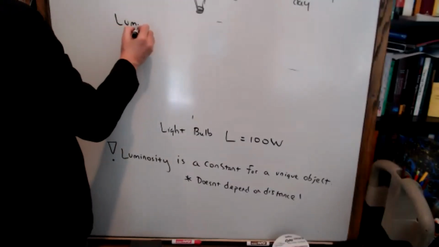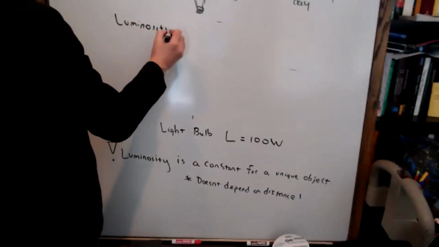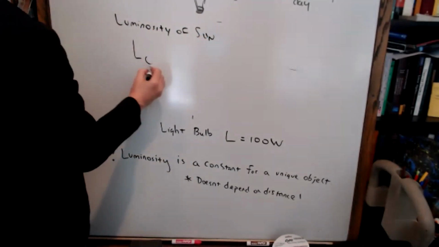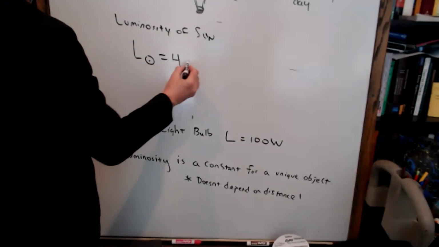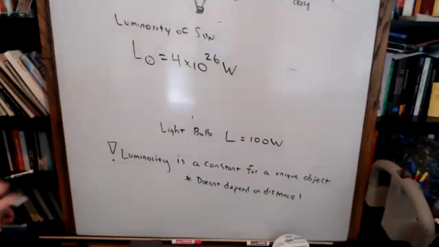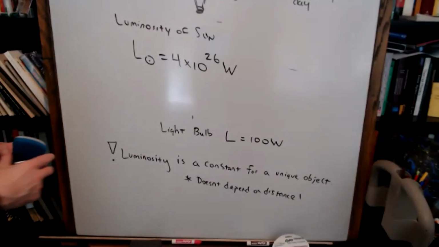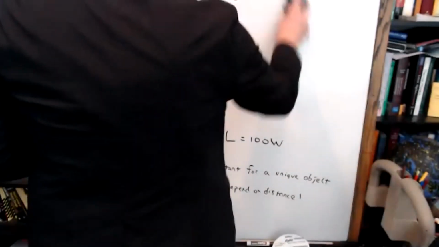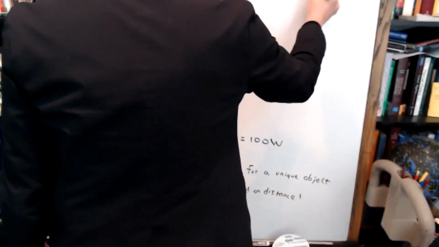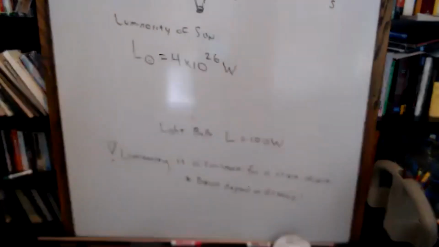The luminosity of the sun has a fixed value of 4 times 10 to the 26 watts. One watt is 1 joule per second.